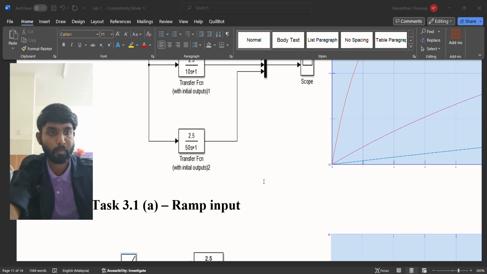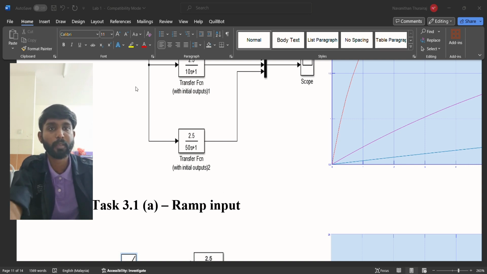And 1, 2.5, 50, this 1. And let's apply.